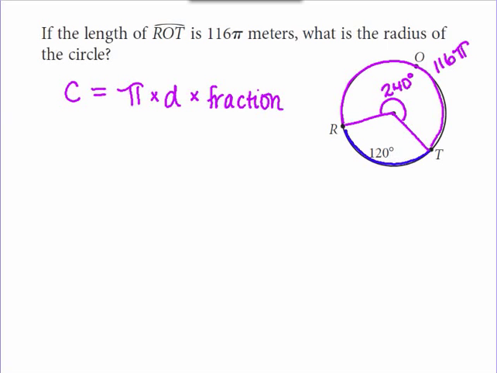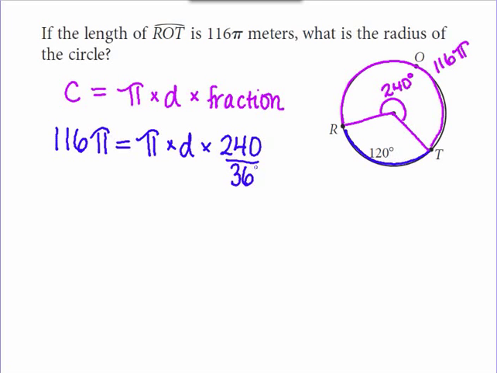Right? So let's fill in what we know. What do we know that the circumference is? 116 pi equals pi times d times the fraction, which is 240 divided by 360. Okay, 240 divided by 360 we know is what? 2/3.